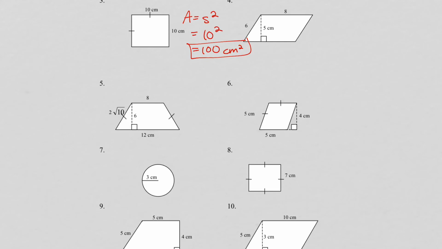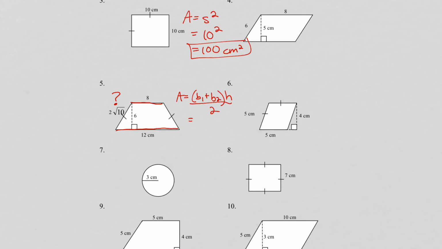Okay, so this is a trapezoid, and not sure what this is all about, but we don't need all that. We need bottom base, top base, add those up to get the total base, times it by the height, and then cut it in half so we get a trapezoid.